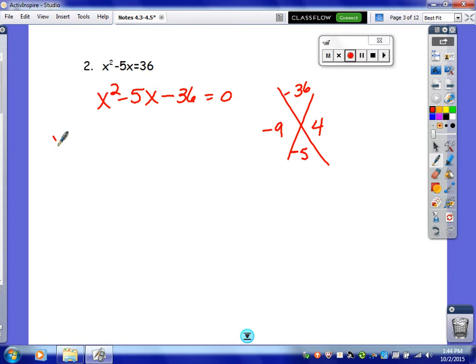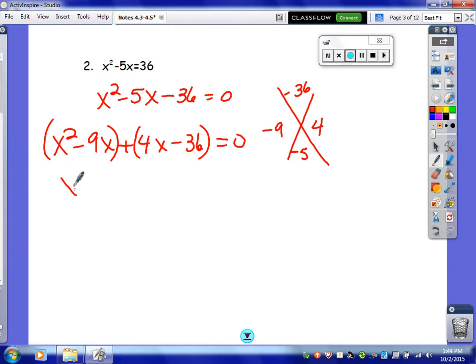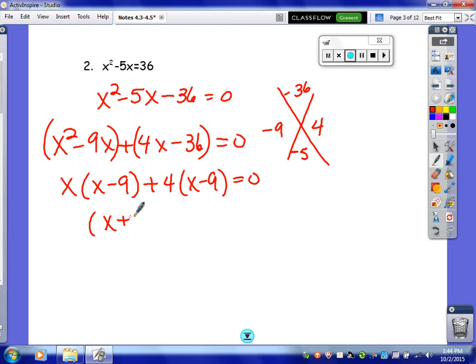Alright, here again, factor. Pull out a GCF. So my two factors are x plus 4, x minus 9.